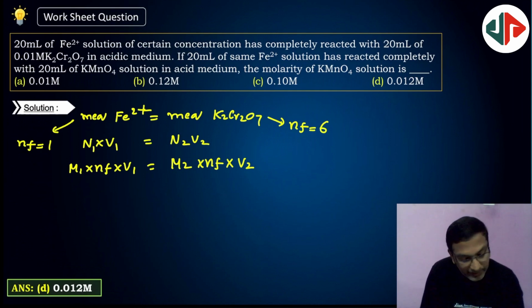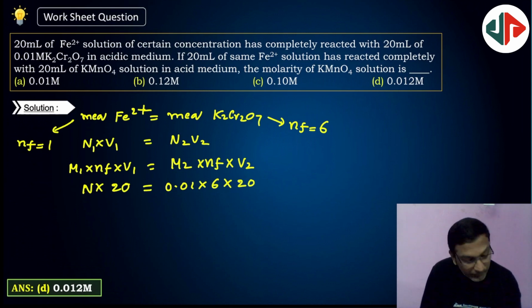Next, here we should find the molarity of KMnO4. First, 20 ml of Fe2+ is given, so I am calculating the normality. Normality into volume, 20, equals 0.01 into N factor 6 into volume 20 ml.